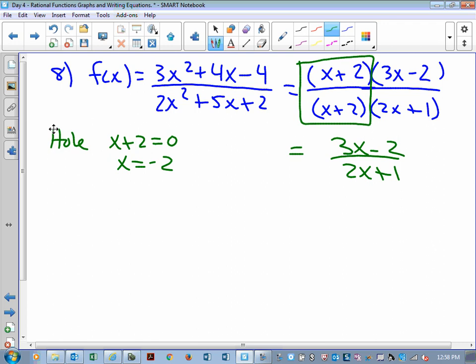Okay? But a hole is a point. That's why we make it an open circle. The hole is a point. So, if I plug this -2 in, now don't panic, you don't have to plug it into the complicated one. You're going to plug it into the simplified one, right? So, y equals 3 times -2 minus 2 over 2 times -2 plus 1.